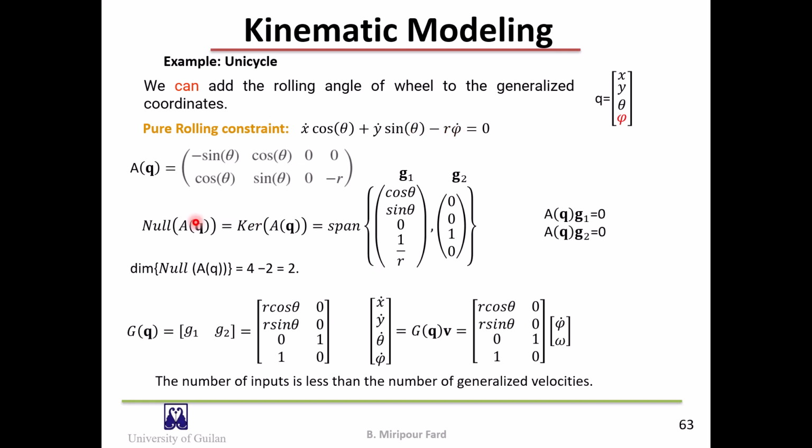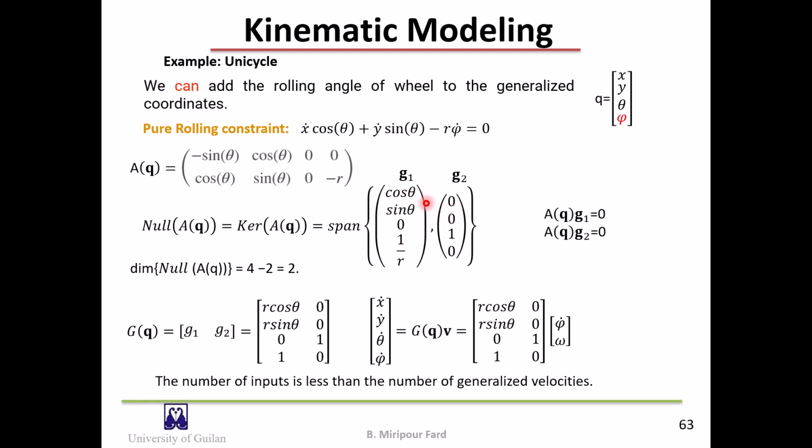Considering both no side slipping and pure rolling constraints, the constraint matrix will be a 2 by 4 matrix. The null space of A is obtained by using mathematics. It is the span of two four-dimensional vectors denoted by G1 and G2.